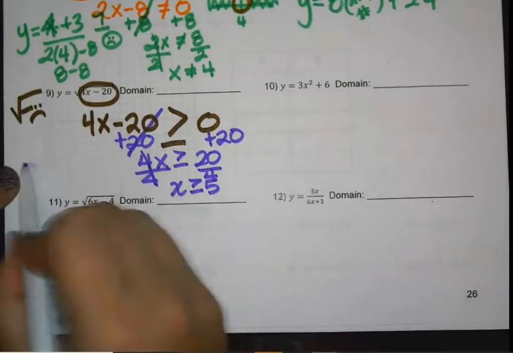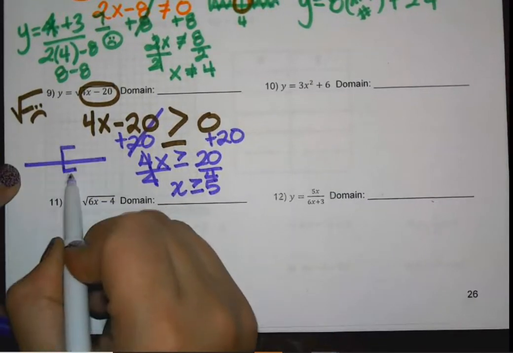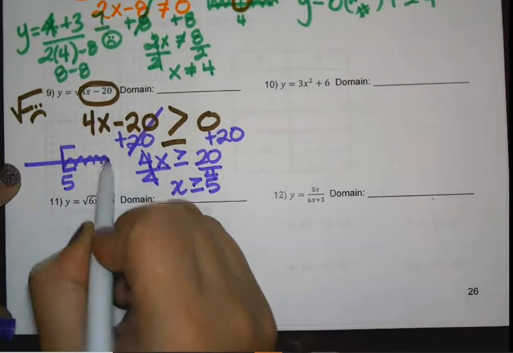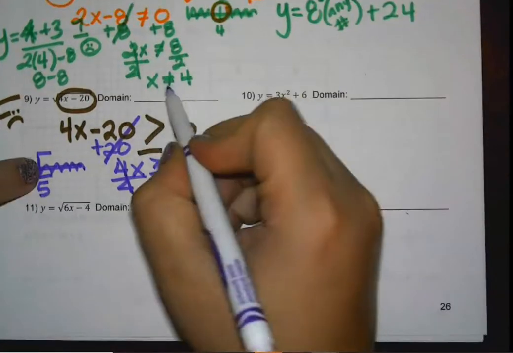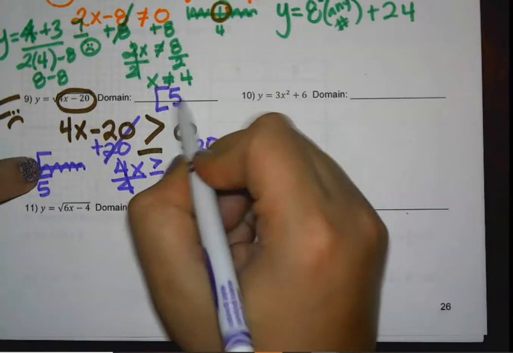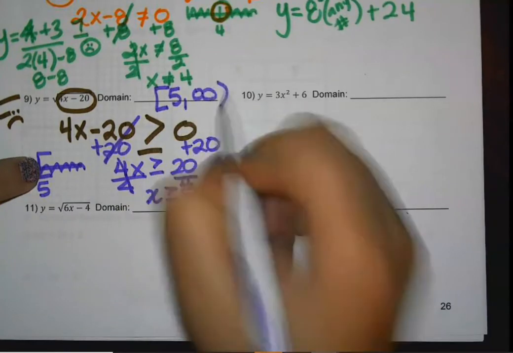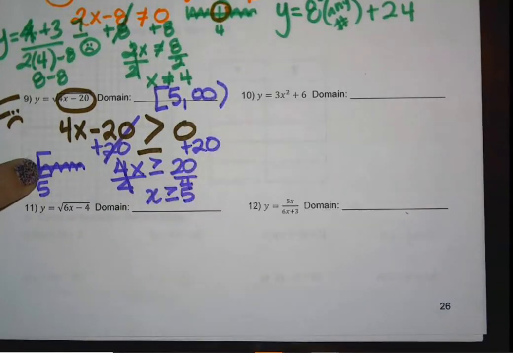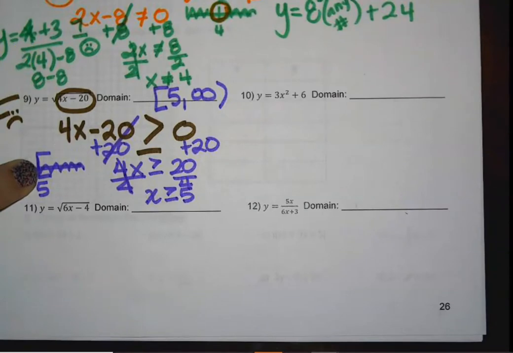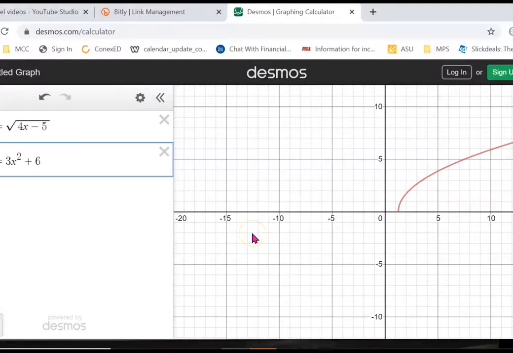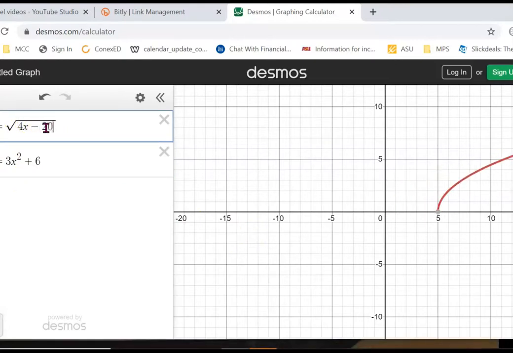If I graph that, greater than or equal to 5 looks like this. So interval notation would be 5, and anything greater than 5 can go in for x. Okay, if we take a look at the square root of 4x minus 20, and its graph, it looks like this.